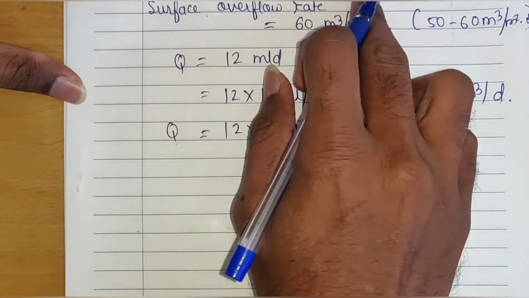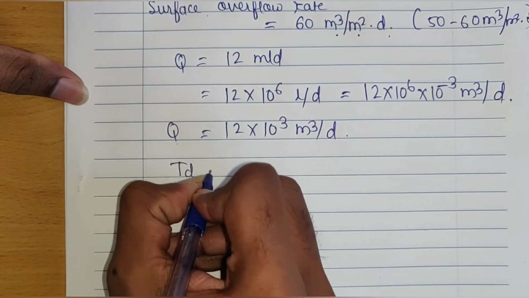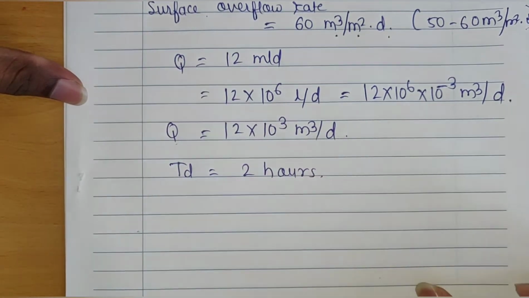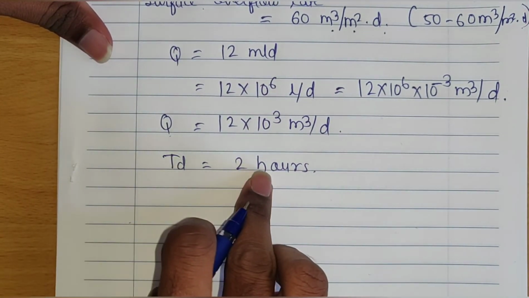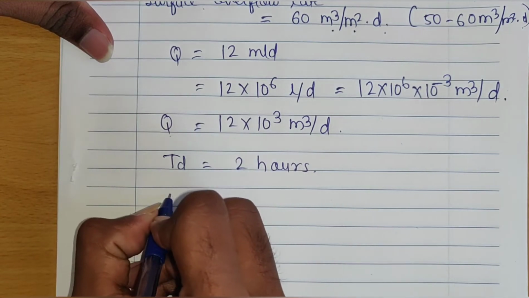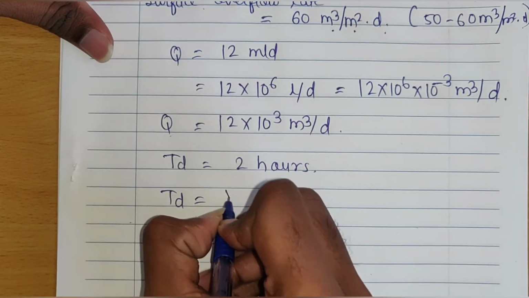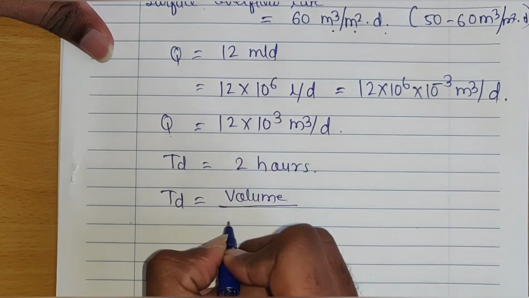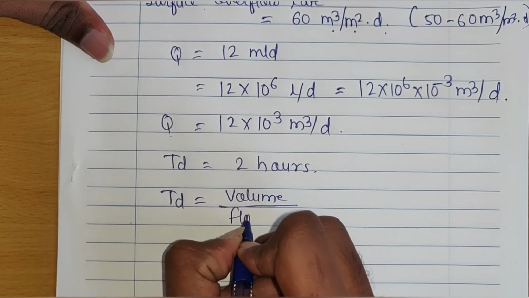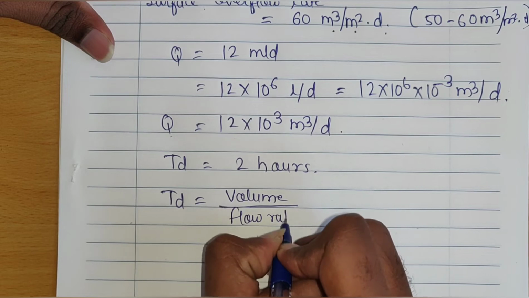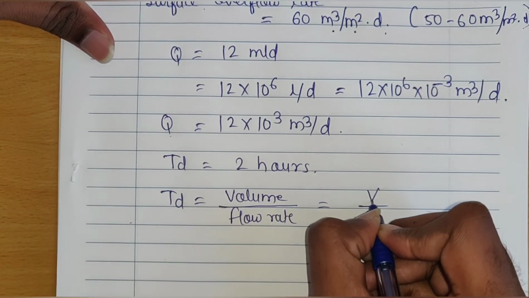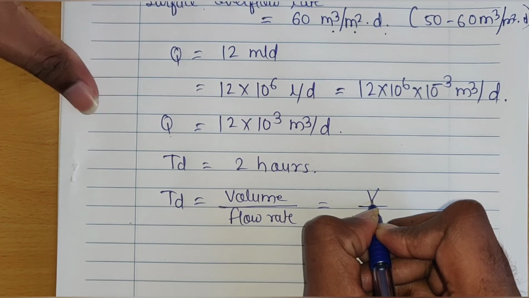That's why here I have not converted the value of Q into meter cube per second. Now we have assumed the value of detention time TD is equal to 2 hours. The formula for detention time is volume upon flow rate or discharge, that is V by Q. Here the capital V is the volume, not velocity.